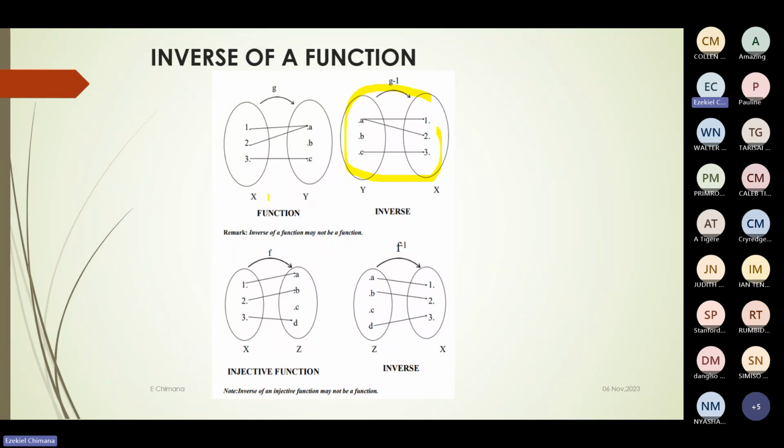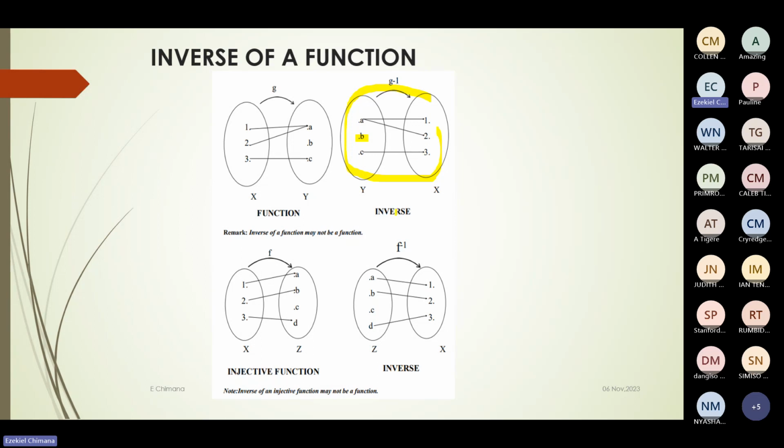Okay, so I'm just saying this is just the reverse of the previous one. You have a pointing to 1 and a pointing to 2, and then c pointing to 3. If you look at this, is this a function? You can safely say no, because this one is not pointed to any of the values in the range.